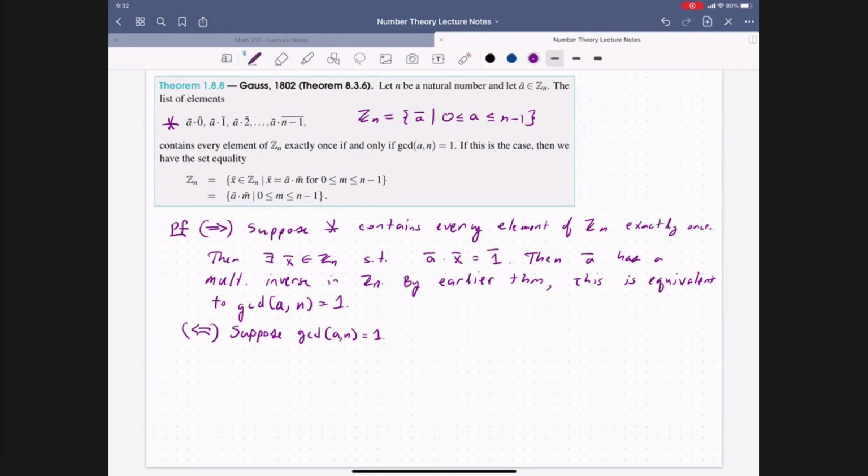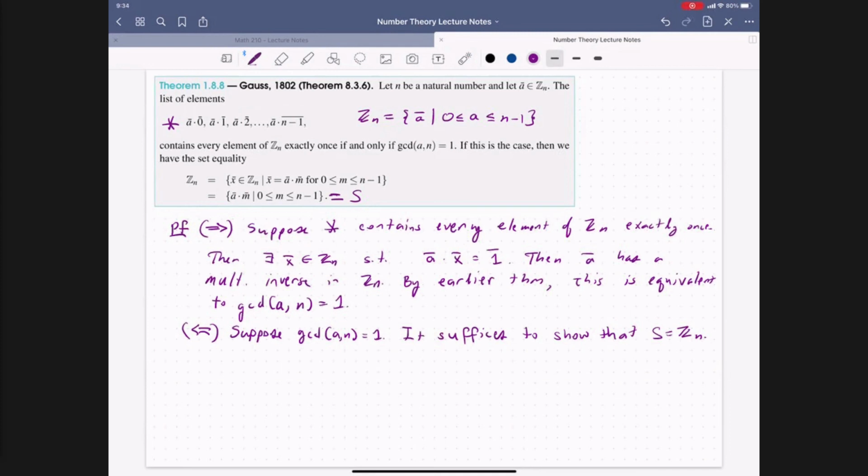So let's go ahead and call this set here S. So it suffices to show that S is equal to the integers modulo n. And what we are going to do now is prove this by double inclusion. So we're going to choose an element in S and show that that element is in the integers modulo n, and then prove the converse. And that will show equality for the two sets.